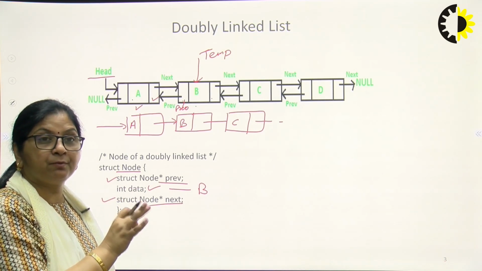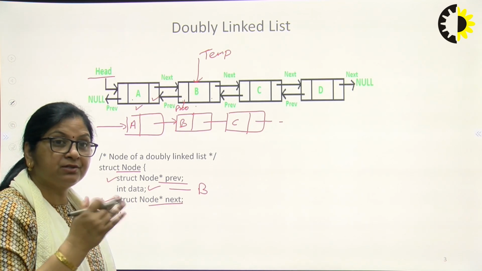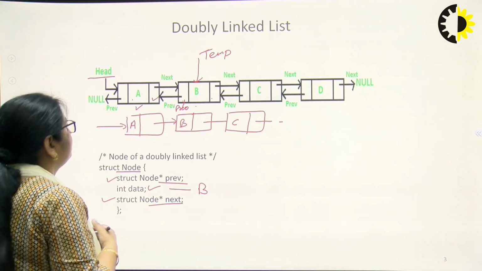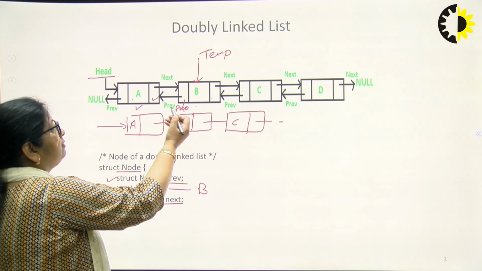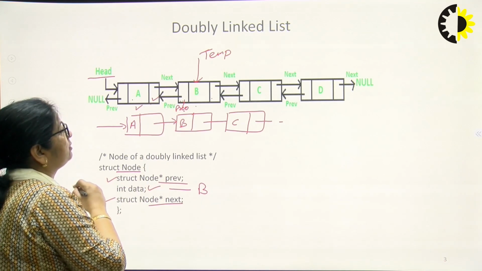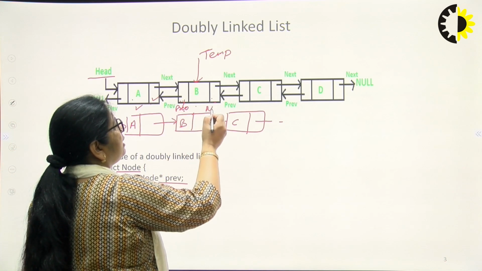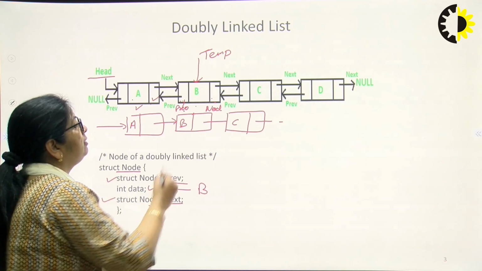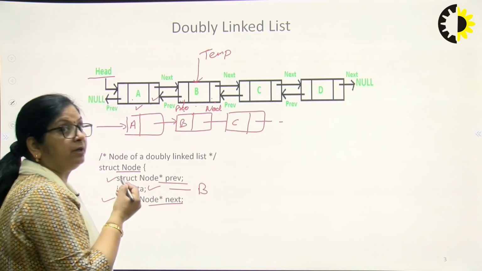We should remember that a linked list has sequential access. Sequentially, we have to go from one node to another node. So the previous pointer will contain the address of the previous node, and I will have another pointer, my next pointer, which will have the address of the next node.